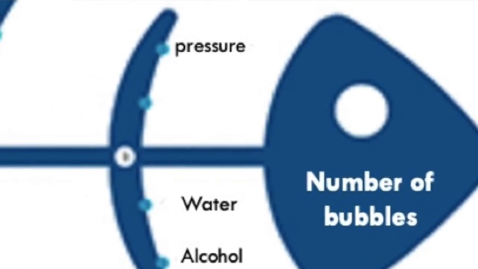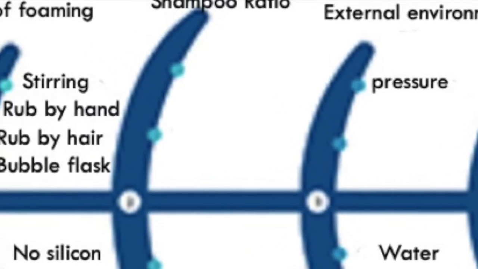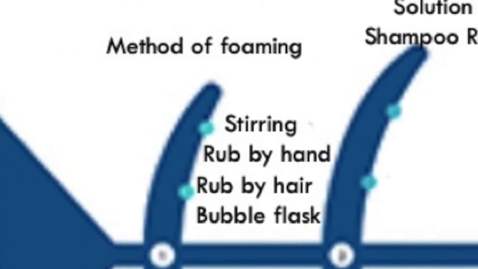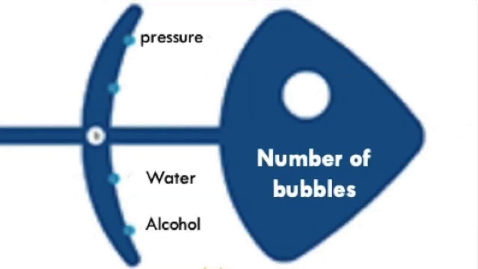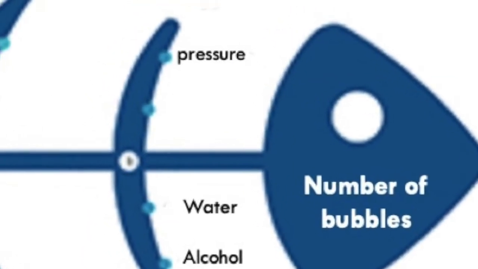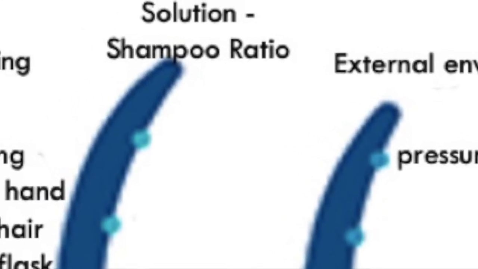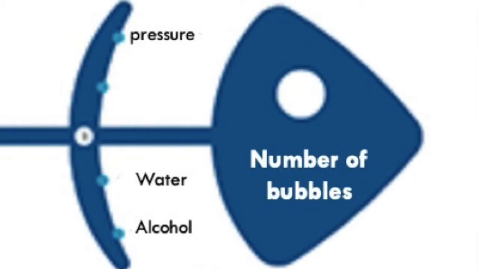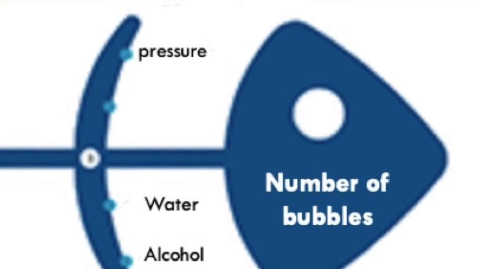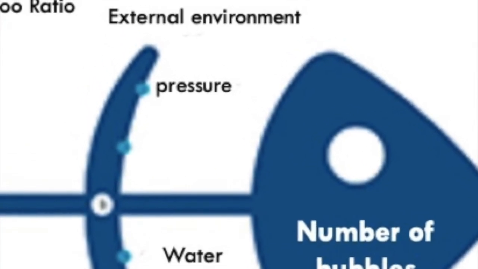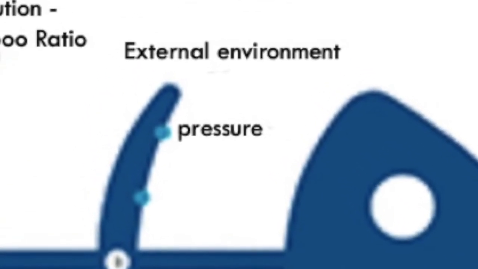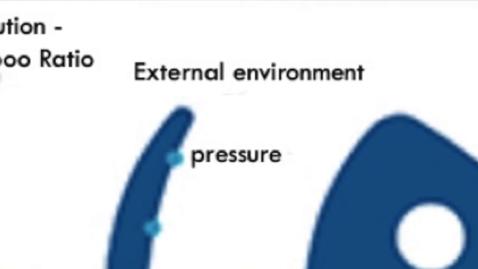Secondly, the foaming method, including bubble flask, rub by hand, rub with hair, and also the percentage of shampoo and water, the temperature of solution, and the type of the solution. Lastly, external environment, like pressure, humidity, is also considered.